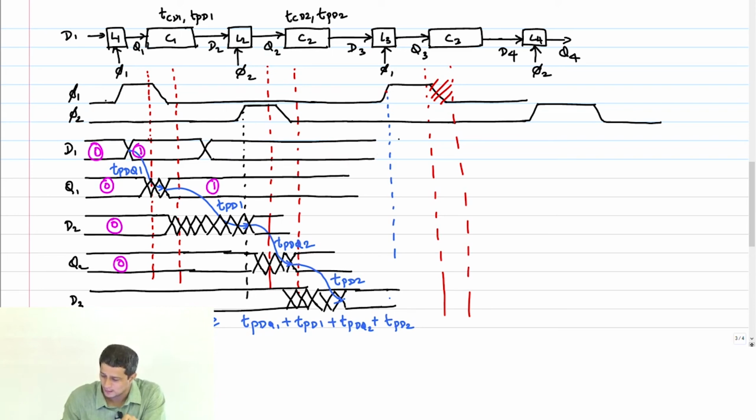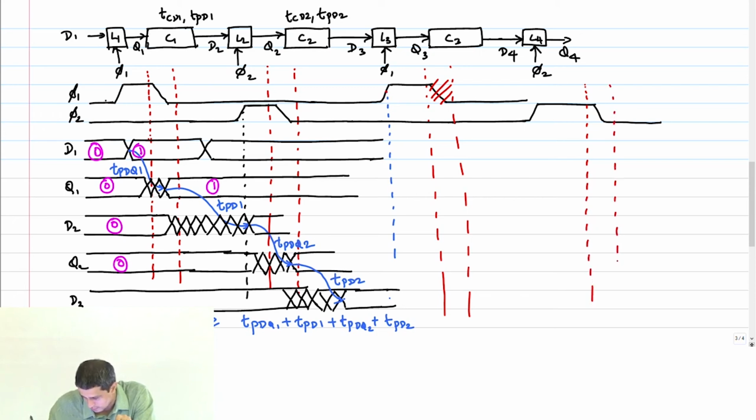So I'm coming all the way till here. Maybe I have to extend this waveform, but we'll do it. That's my violation window for the next cycle.